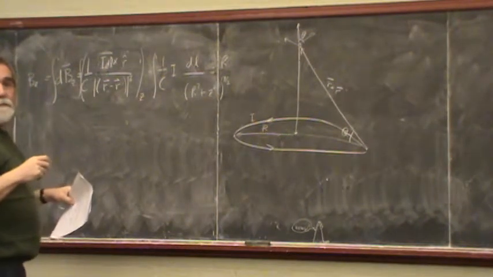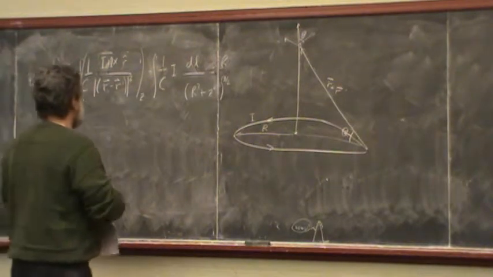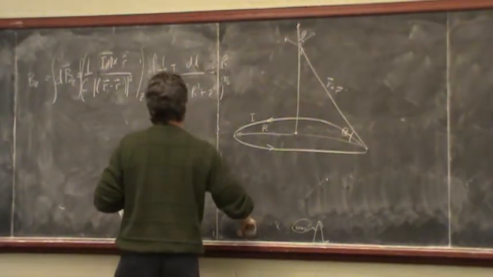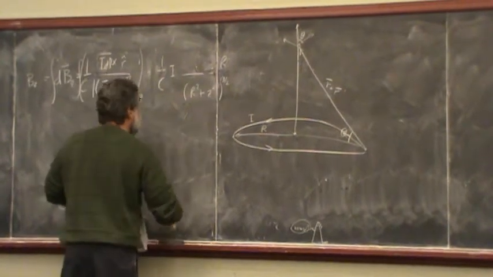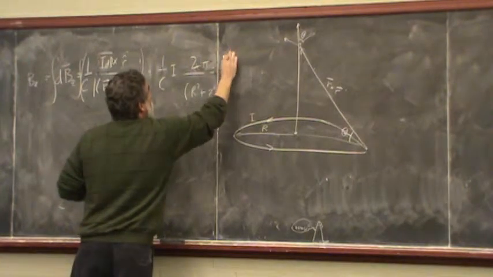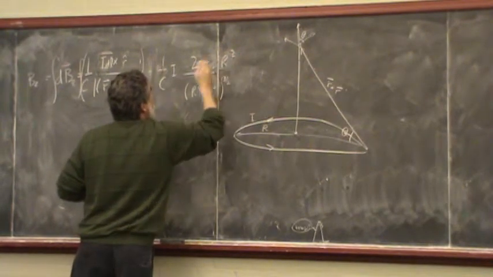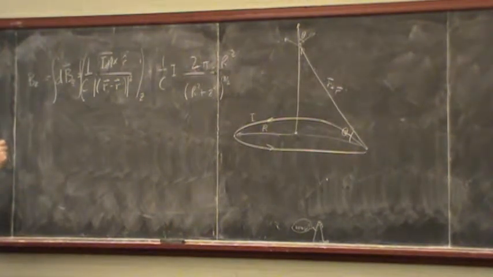That's what I'm going with. And then I do the integral in dl, and I get 2 pi r squared there now. Let's see, as z grows, the field drops off as z cubed.